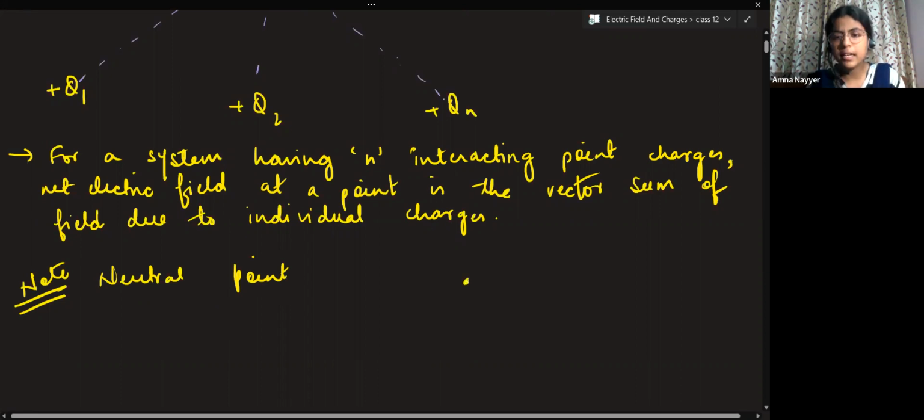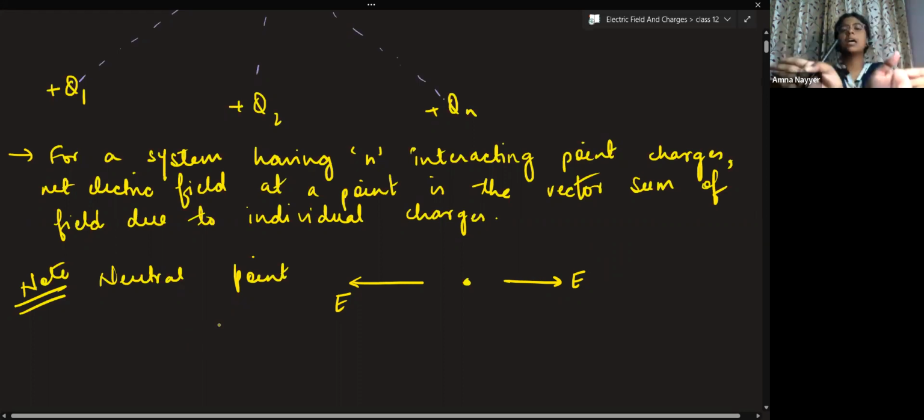Like if I say I have a point like this, the electric field generated at this point is E, and the electric field generated, let's say because of some other charges, is E over here. Since the magnitudes are the same, what will happen?